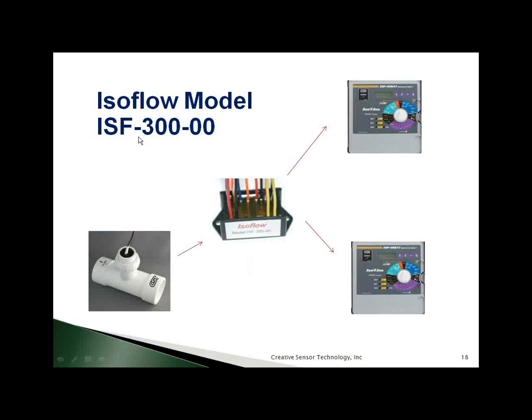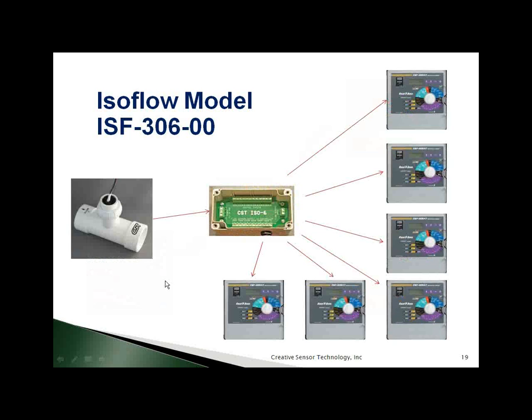The ISOFlow 300 is a device that's used to share a flow sensor between 2 clocks, and the ISOFlow 6, ISO 6 as we call it, or the 306, allows you to share one flow sensor with as many as 6 controllers. What it does is it isolates the signal going out, and it also has some intelligence built into it so that it knows which controller is active, and it can block the flow readings to the other controllers so that they don't go into an unscheduled flow alarm.